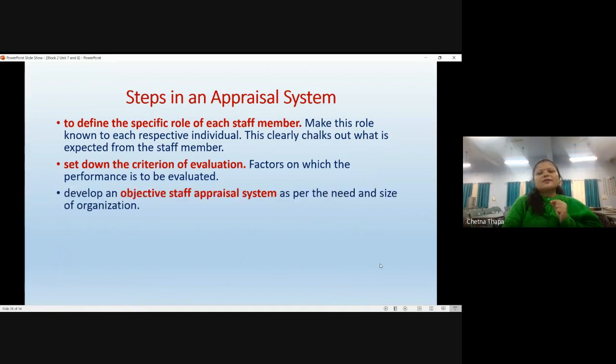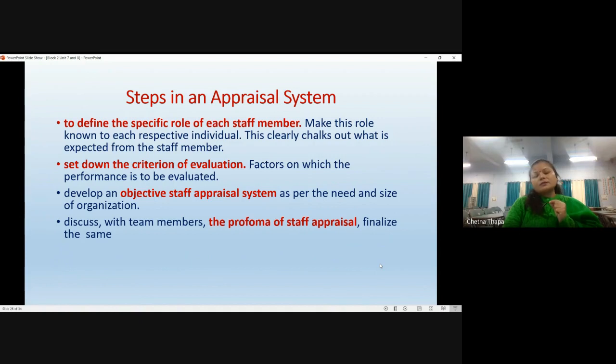Now you have to develop an objective staff appraisal system, as required per the need and size of the organization. If a small institution is there, then you need to frame a smaller staff appraisal system, and then you have to discuss this with the team members, the performers of the staff appraisal, and then finalize it.